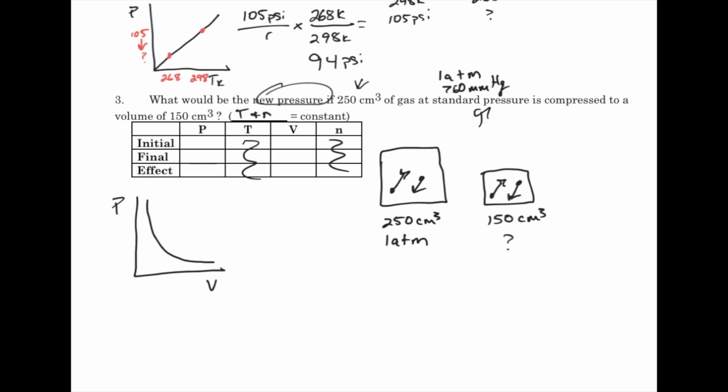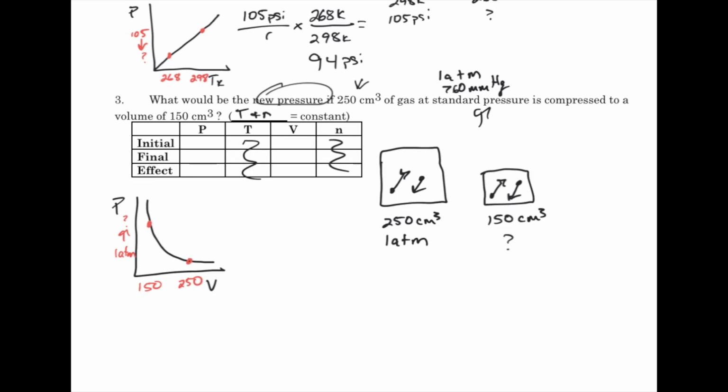So initially, our volume is 250 centimeters cubed, and that is 1 atmosphere, right? Our volume decreases to 150 centimeters cubed, so that would be somewhere like right here, which we know then is going to be an increase in the pressure.